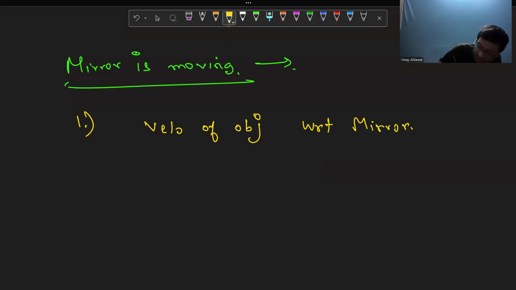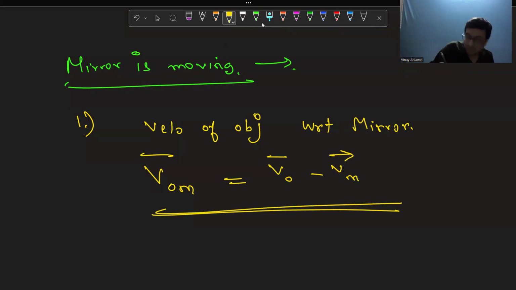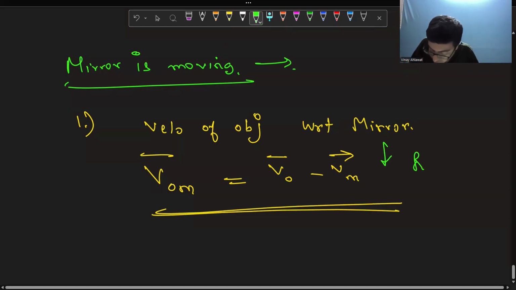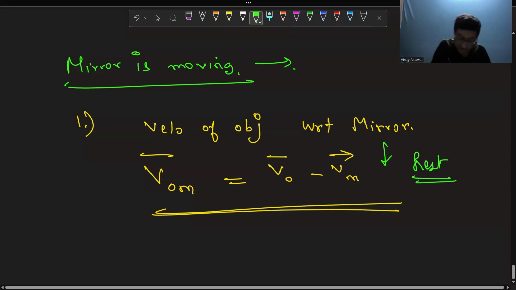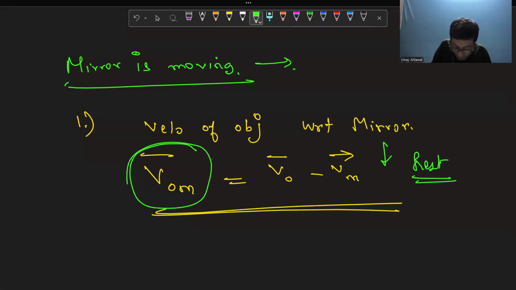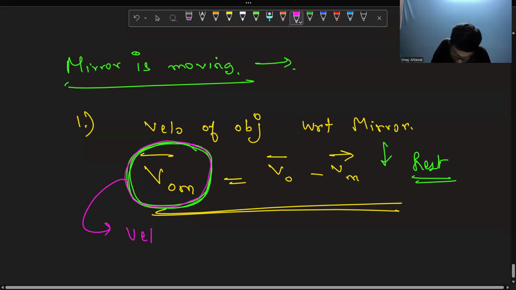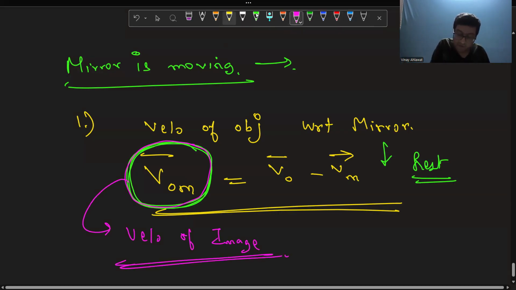That is velocity of object minus velocity of mirror. Now the mirror is at rest. Agreed? This is effectively the velocity of object, which we have done. Using this, we will find velocity of image. Agreed? Technically speaking, that will not be the velocity of image. That will be the velocity of image with respect to mirror.